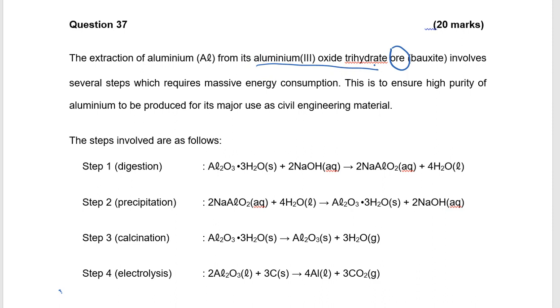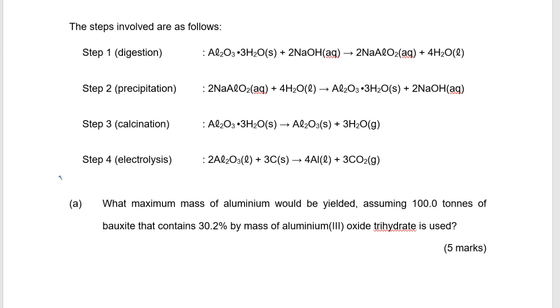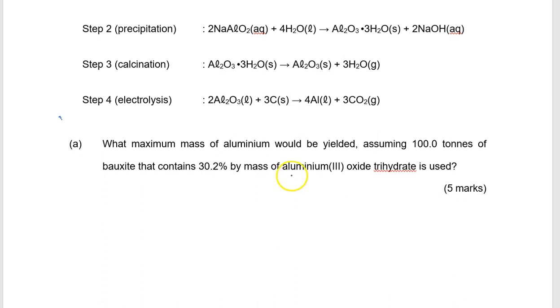So what you need to do first of all is identify the mass of aluminium oxide trihydrate. You cannot immediately use this 100 tons because it is impure. So you have to use this information to find the mass of aluminium oxide trihydrate. Only then you commence your calculations.